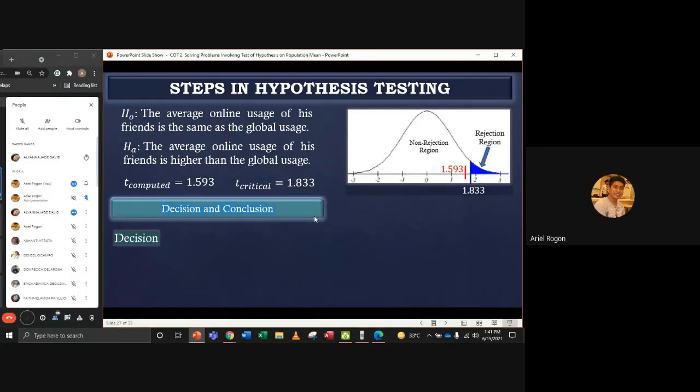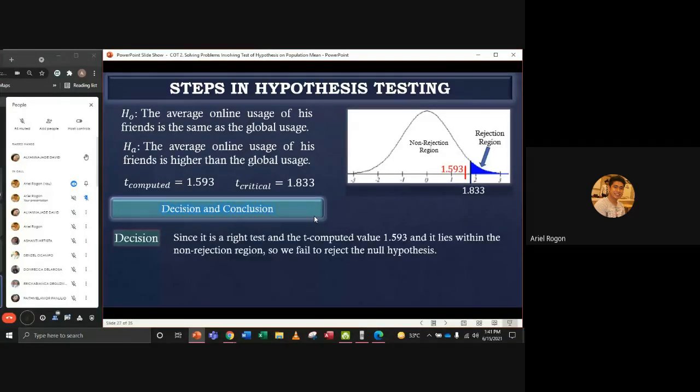Since it is a right-tailed test and our computed value falls within our non-rejection region, we fail to reject the null hypothesis. Okay, we fail to reject the null hypothesis. Since ang sabi nga dyan, once your computed value is less than the critical value, we fail to reject the null hypothesis.